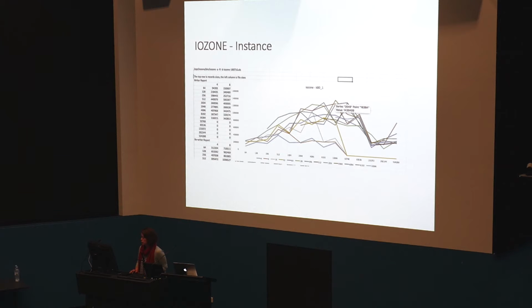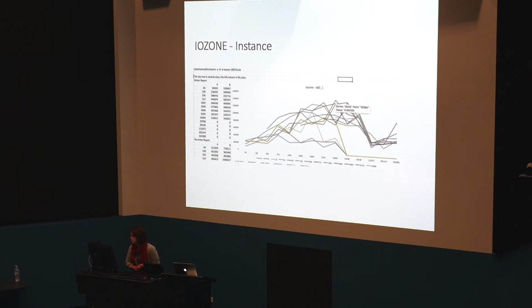Okay, so before it went live, I also did some IOzone tests for Lustre clients both on bare metal as well as on the VM. So this is the IOzone result.